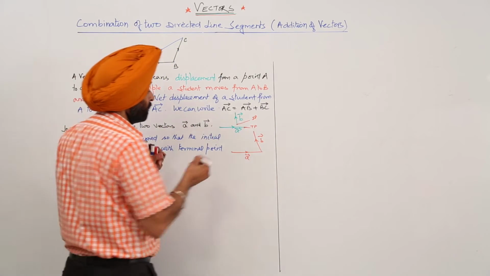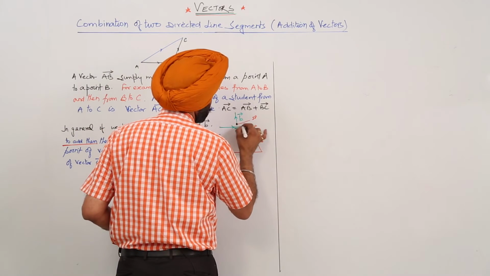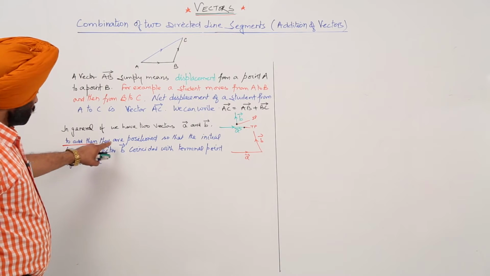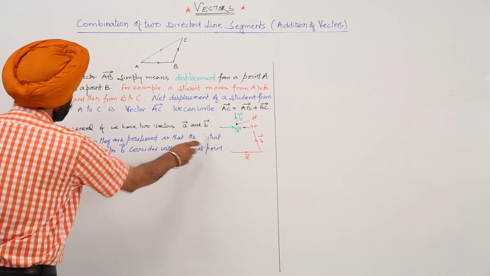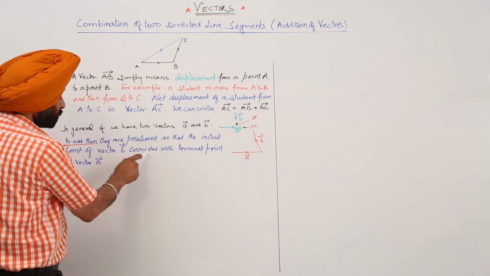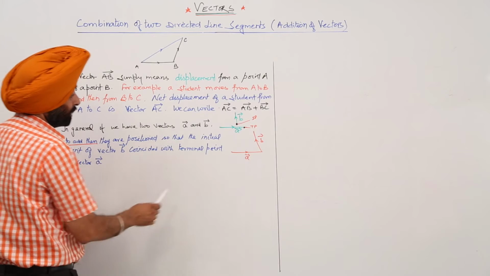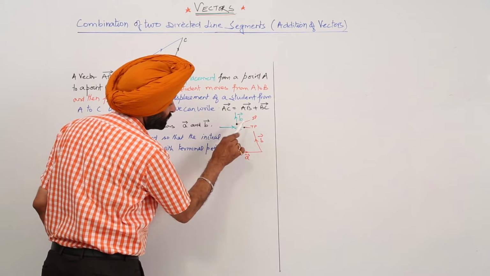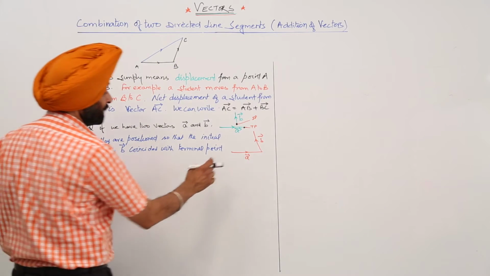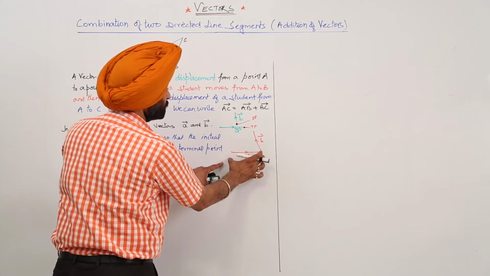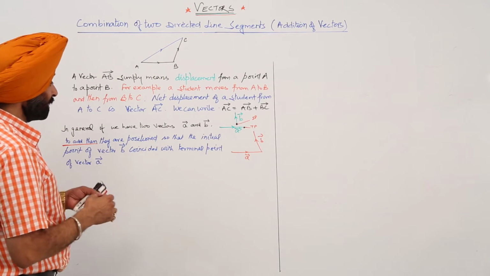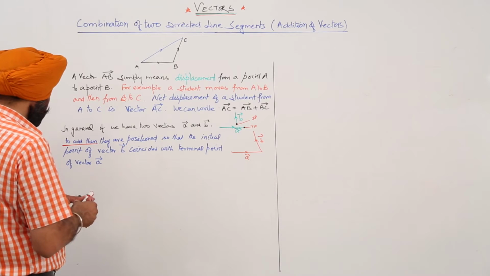Now we have written: to add them, they are positioned so that the initial point of vector B coincides with the terminal point of vector A. Now this point coincides with this point, and then we say that this is added, and when it is added the figure will be in this shape.